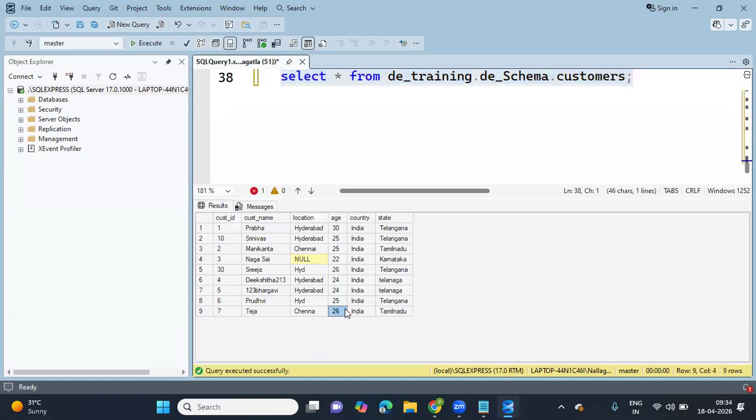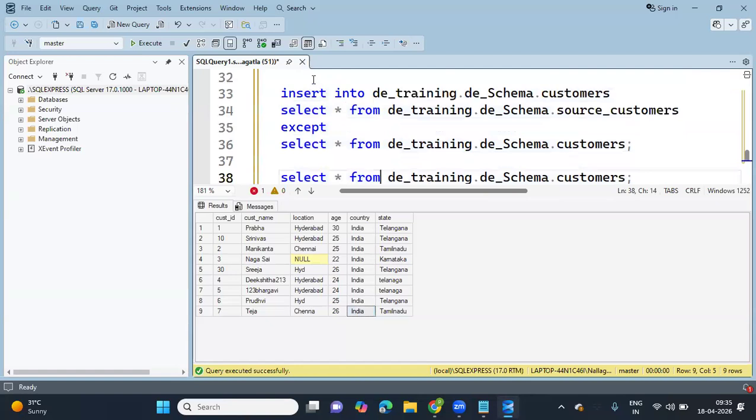This is called incremental load. Incremental load means insert the data whichever is not available already. In the source files, every day you might be getting data which already exists along with some new data, but into the target you want to insert only the fresh data. That is called incremental load. Let's write here.